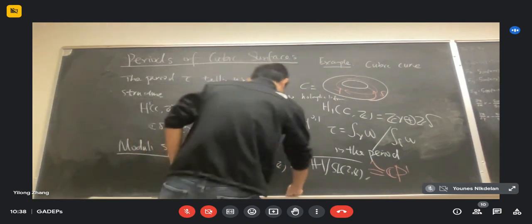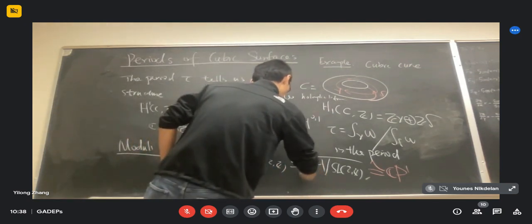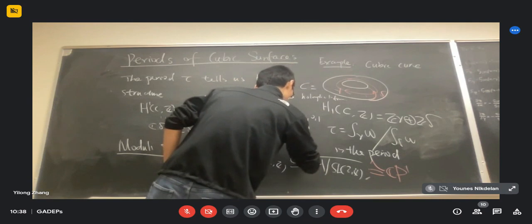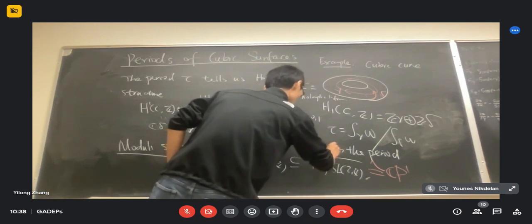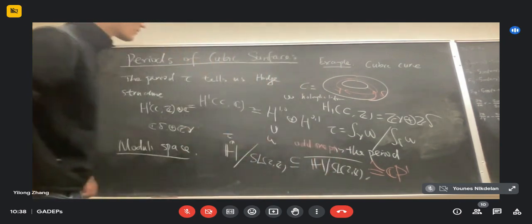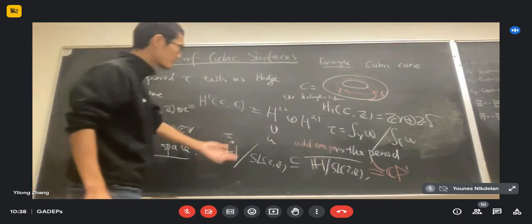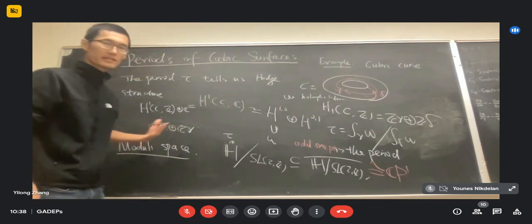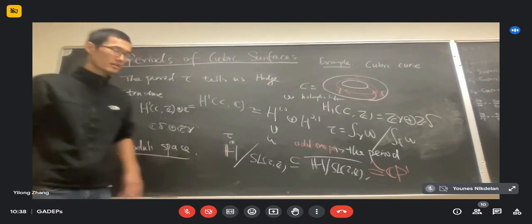So this added point we can think about as degenerating the cubic curve into a nodal cubic curve.